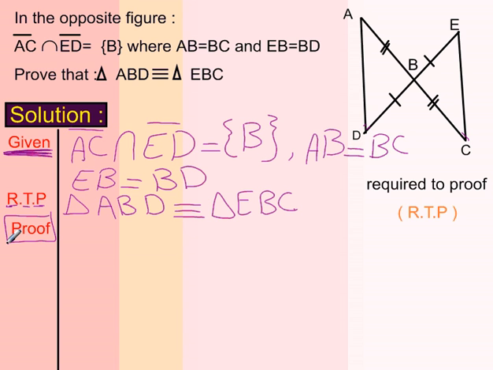And proof. To write the proof, I said you have to use the information that you have and the facts that you studied before. What is the information that we have in this question? We have AC, but first I have a new sign, it's called since.